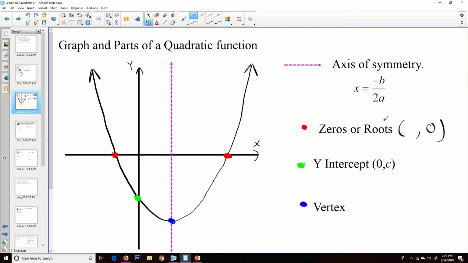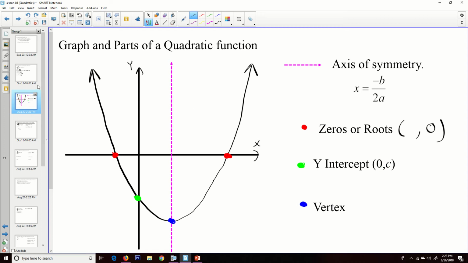The zeros or the roots are up to 2 points where the parabola crosses the x-axis. We don't necessarily know what the x values are for those zeros or roots, but we do know that the y value is 0 in both cases. The y-intercept is (0, c), and if you have a value that is on the y-axis, the x value is always 0.